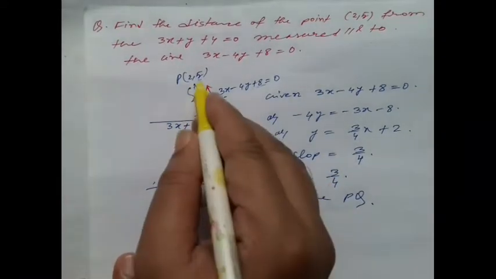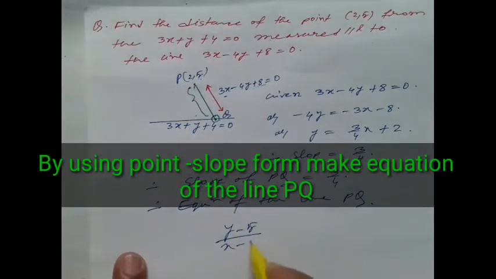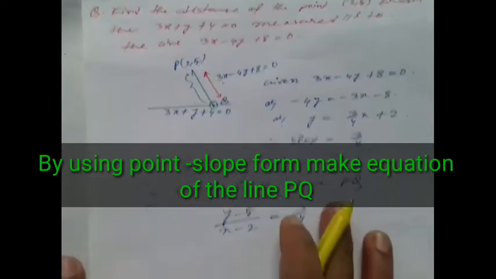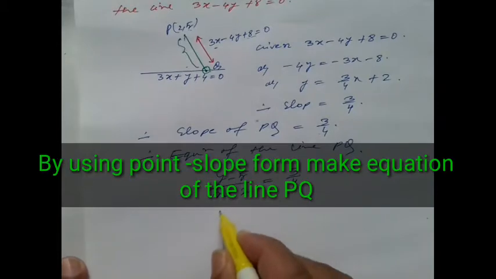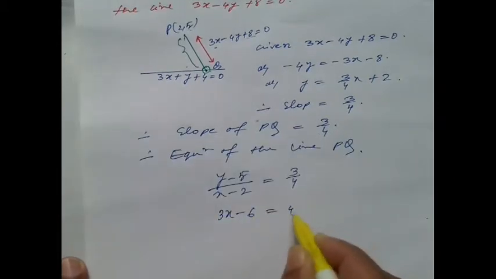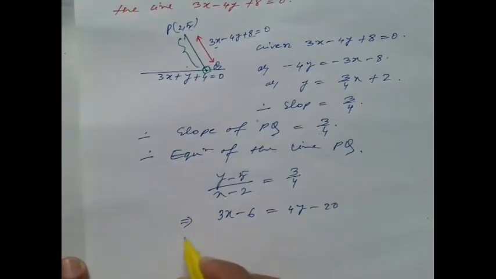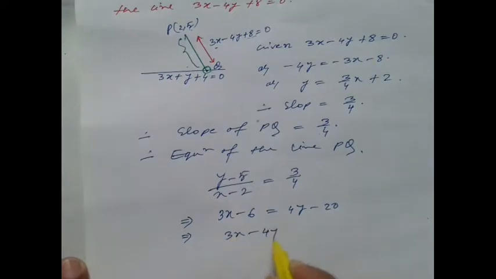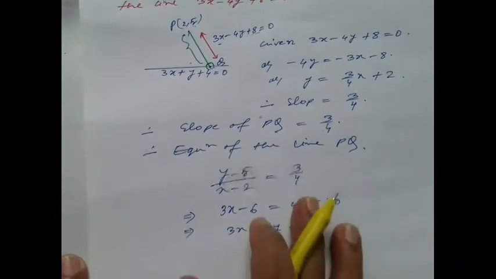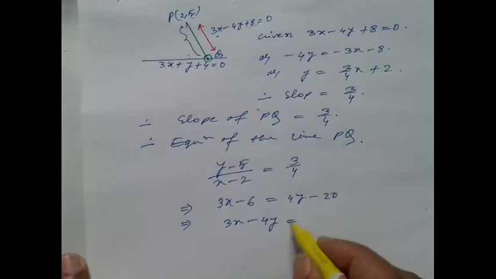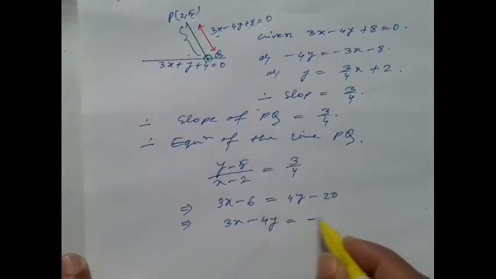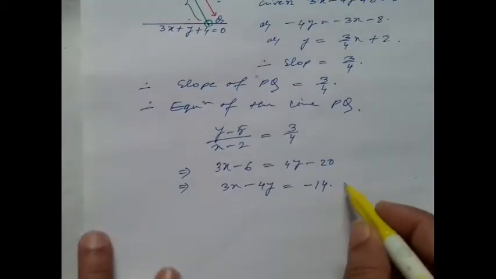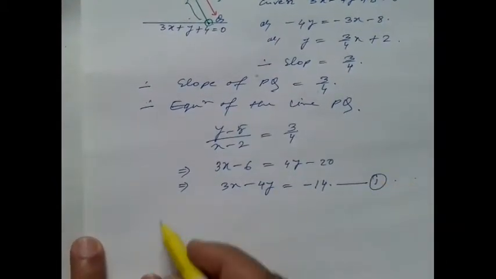So (y minus y1) by (x minus x1) equals this slope. Okay, so 3x minus 6 equals 4y minus 20, implying 3x minus 4y equals minus 6 plus, that is minus 14, we are getting. Okay, so we name this equation number 1.